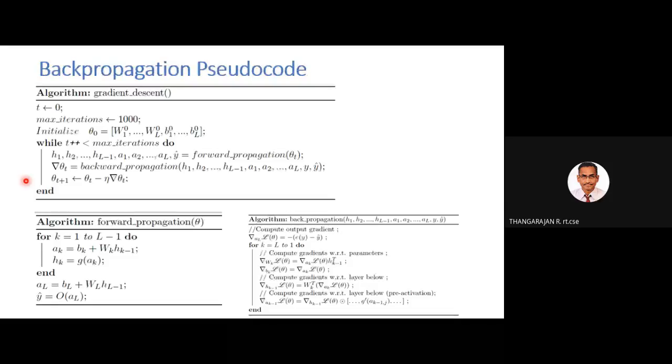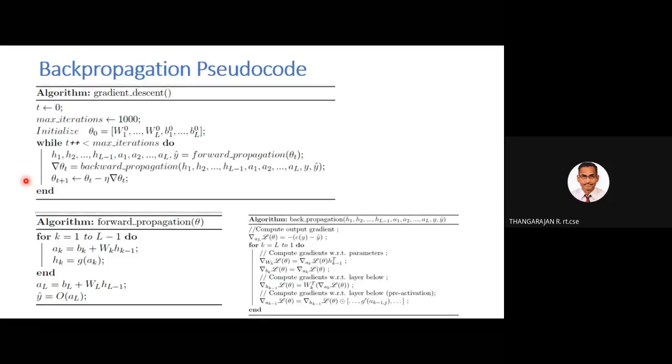Or I can make mini batches: 1000 divided by 10 is 100, so I can have groups of 100 samples. For every 100 samples, I can compute delta theta t and update the value of theta t. Or, for simplicity, I can take one sample and make the change to theta t.